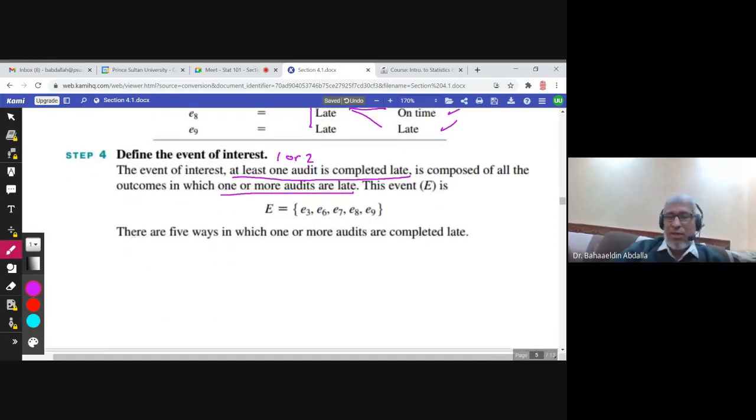On time, early, no. On time, on time, no. On time, late, yes. 1 late. Late, early, yes. Late, on time, yes. Late, late, yes. So 1 late or 2 late. So 5 outcomes should be there, and these are the 5 outcomes. So this is the event that we are interested in. It has 5 outcomes.